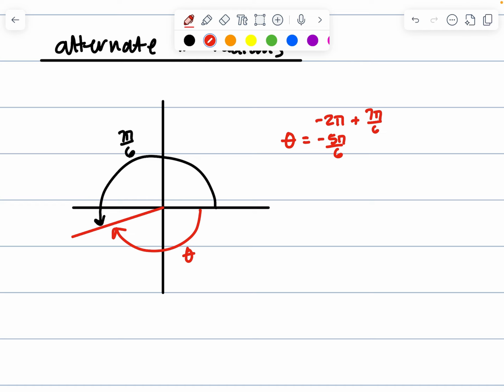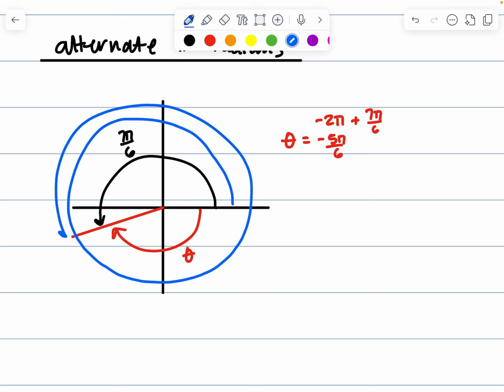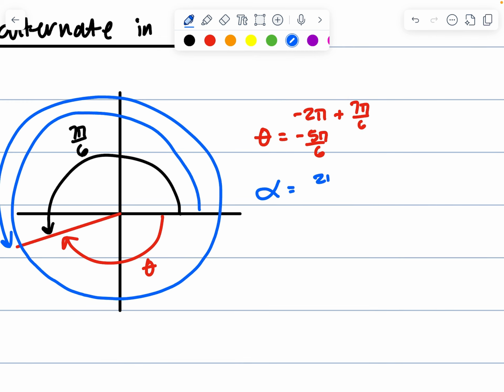Okay? So this is a rotation, so this is slightly different. If we do an alpha version of this, we need to go at least a full circle around. And we end up getting 2 pi plus 7 pi over 6.